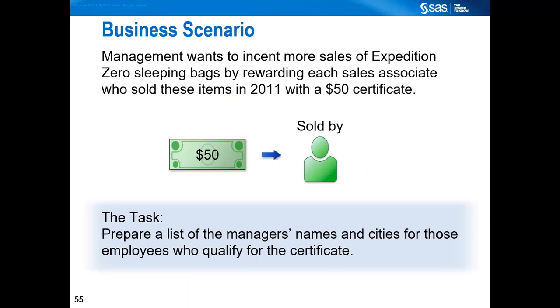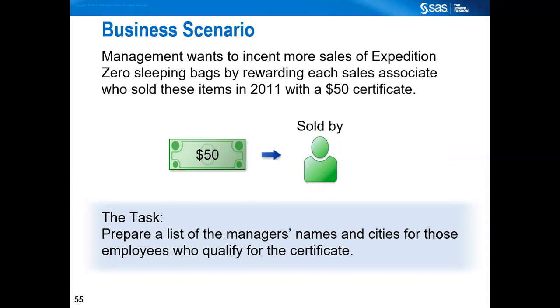So management has decided to give a reward to those employees who successfully sell a product called Expedition Zero bag, only for those who performed the sale in the year 2011, with this $50 certificate.